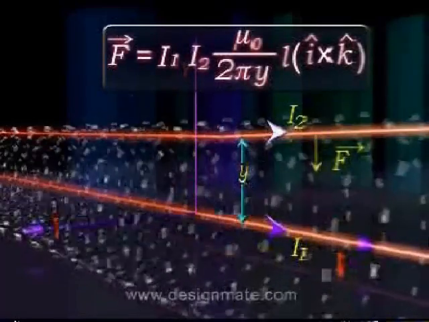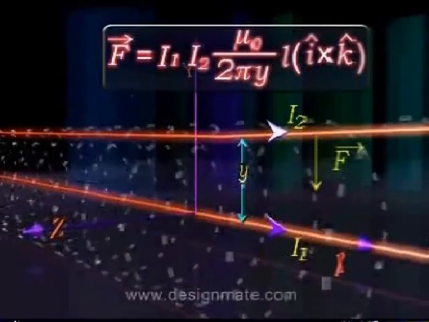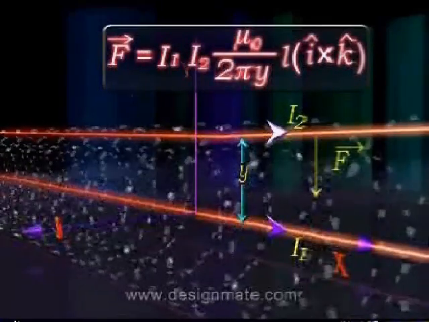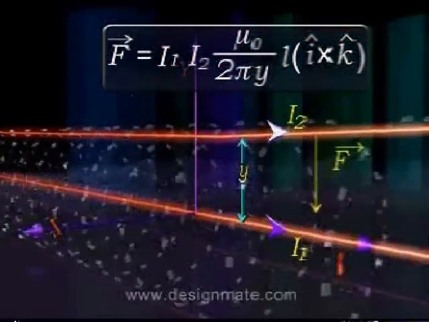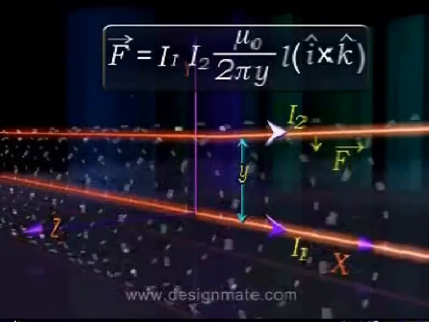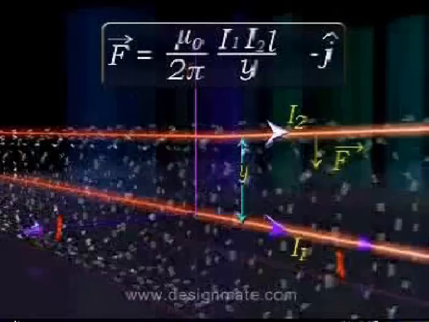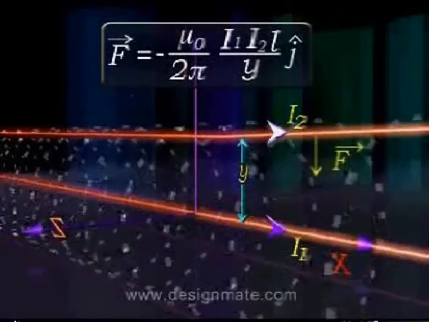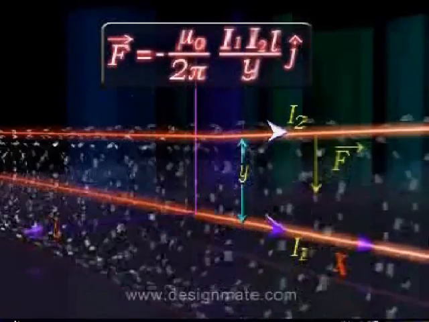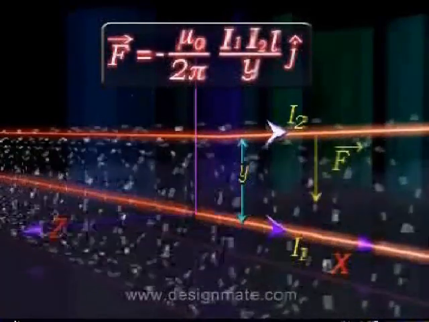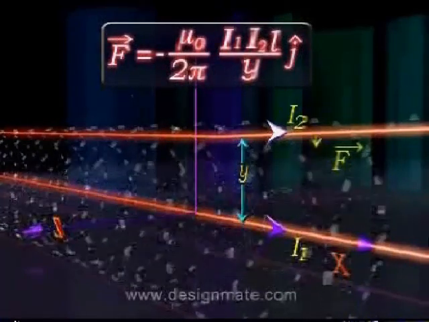That is equal to I1 into I2 into mu 0 upon 2 pi y into L into i cap vector cross k cap vector, because current I2 is along the x-axis. Therefore, vector F is equal to minus mu 0 upon 2 pi into I1 I2 L upon y into j cap vector.